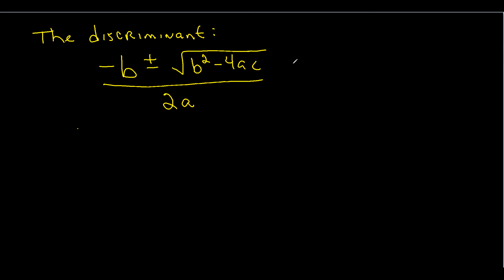This b squared, I'm going to just take out the radicand of b squared minus 4ac. This is called the discriminant. And because this has a lot of value when we're doing some graphing, which you'll do in college algebra, I'm sure, explore this a little bit more, so we're introducing it here.